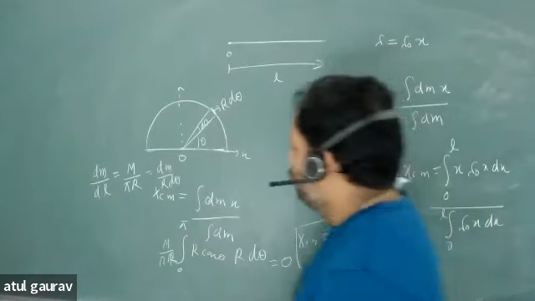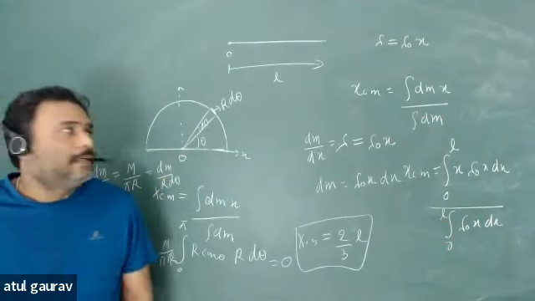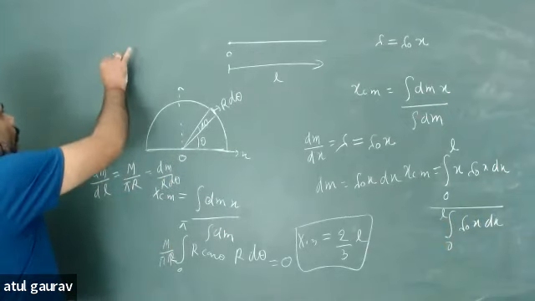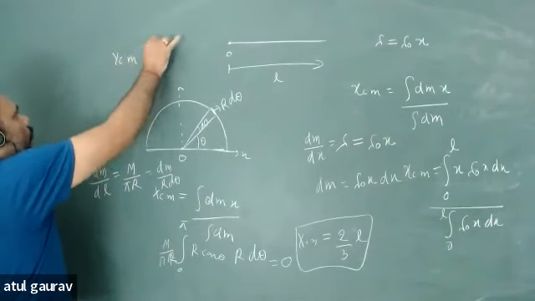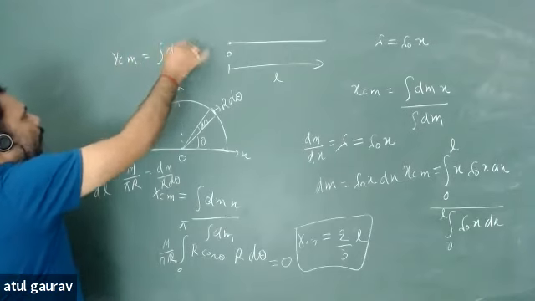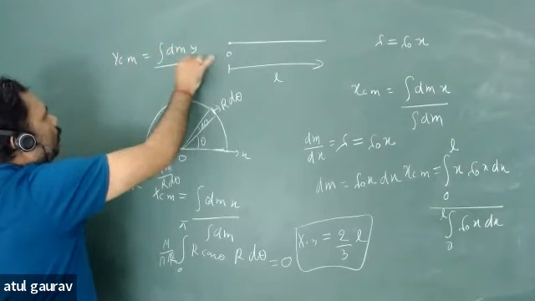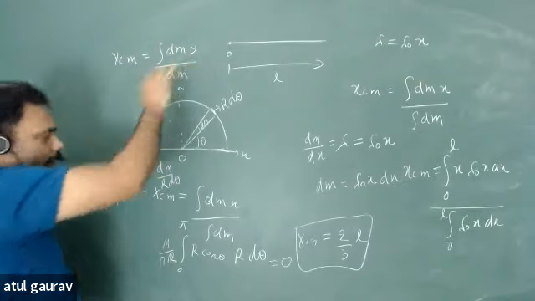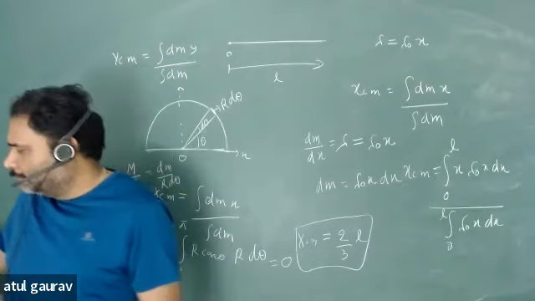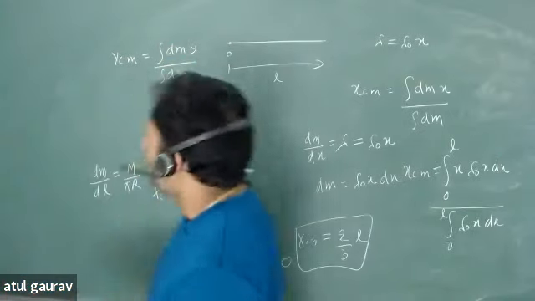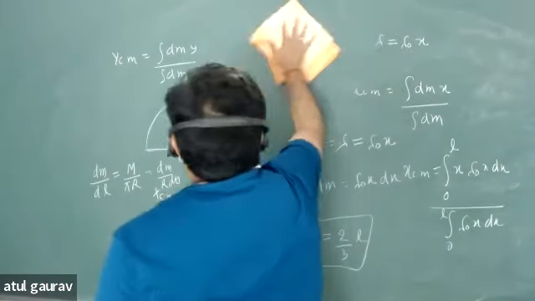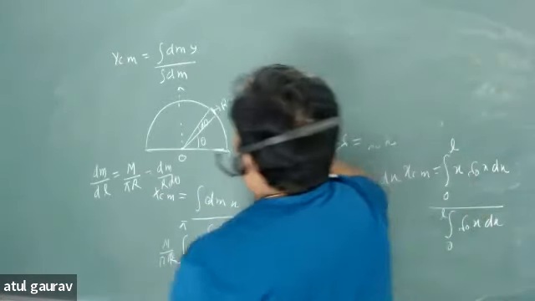And now look at what will be your y CM. dm into y, and here is your dm. Will this also be 0? No, sir. No, this will not be 0. Just calculate.